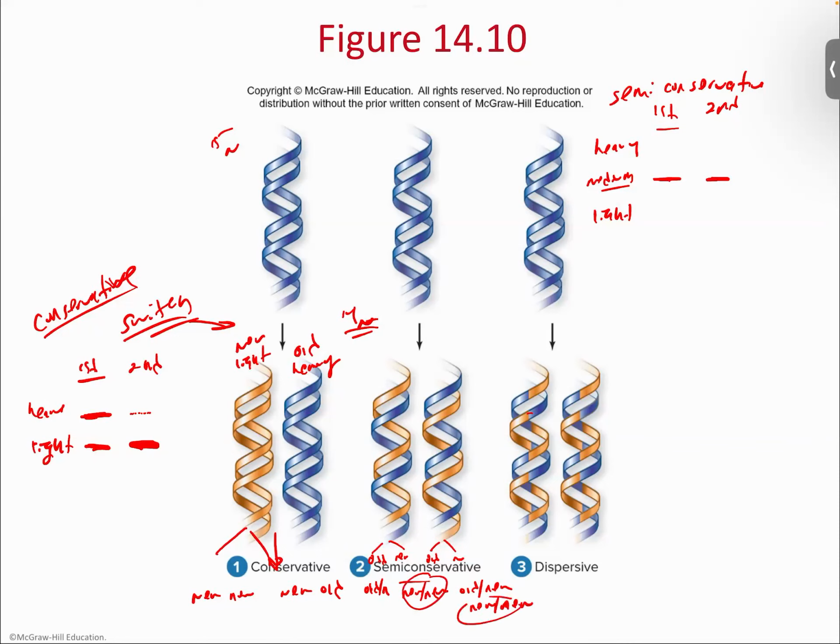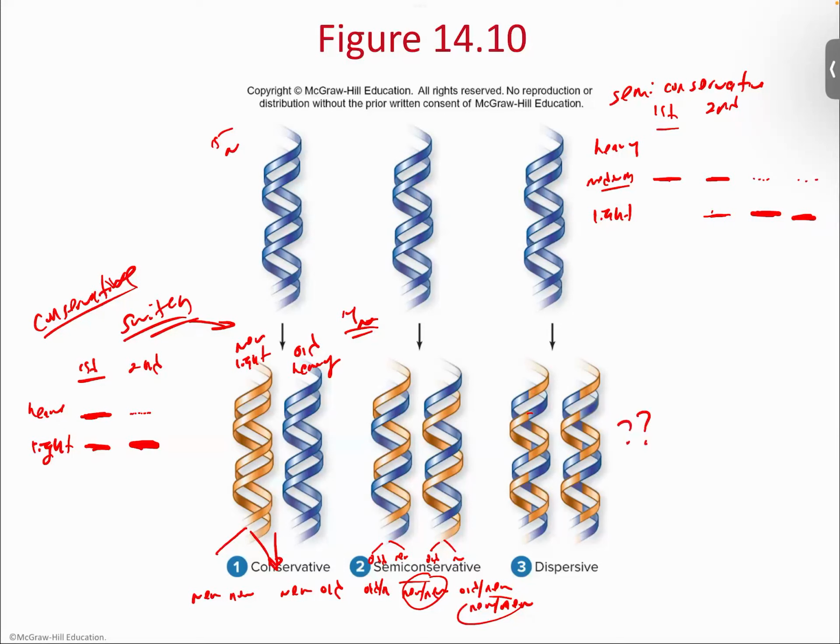I've doubled up my new. So now I've got a little bit of light coming through, right? So this guy starts to get more pronounced as I go on, and this guy starts to fade as I replace it. So that's kind of what you would expect to see with semi-conservative.